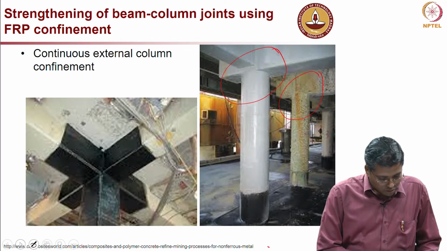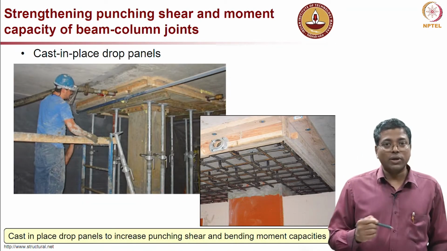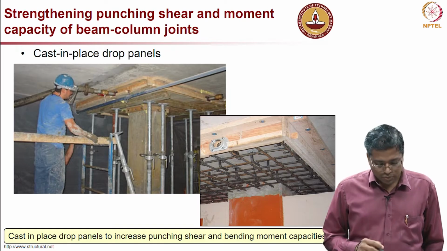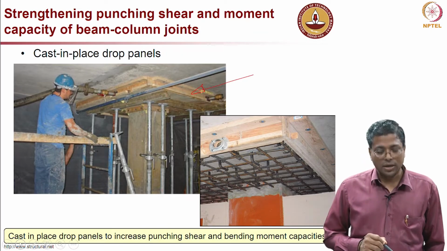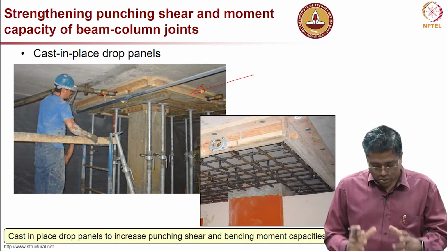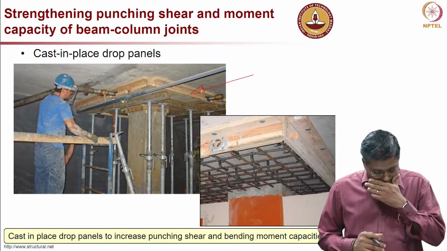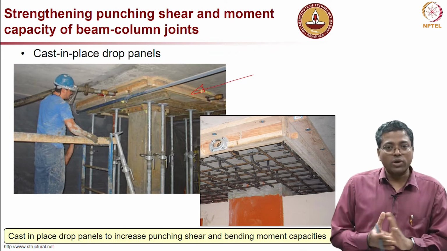So, this is also possible with FRP laminates, and the strengthening again of punching shear and moment capacity of beam column joints. You can see here how a capital can be added, like a column capital, and here is how it is done. I also want to talk about the way in which it is constructed. You can see that first a formwork is made.